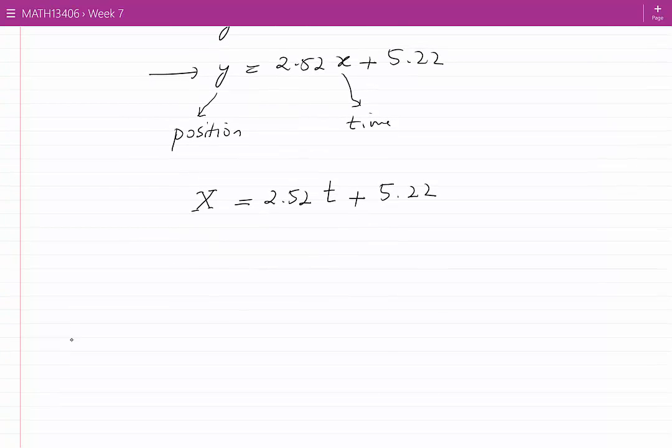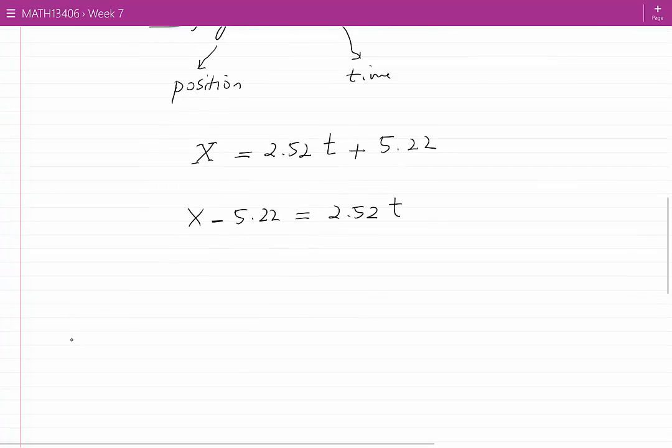In this equation, we see that X and 5.22 are added or subtracted to each other. You can rewrite this equation as X minus 5.22 is equal to 2.52t. Now, because X and 5.22 can be subtracted, we know that their units should be the same.